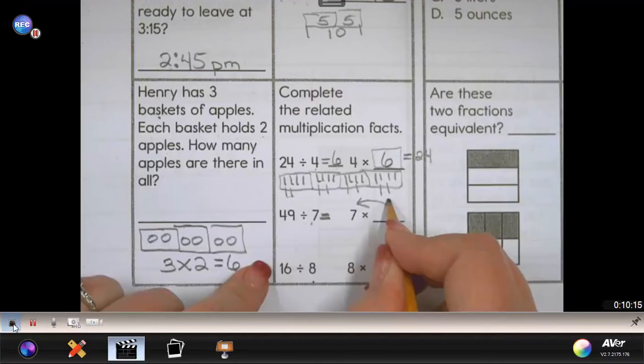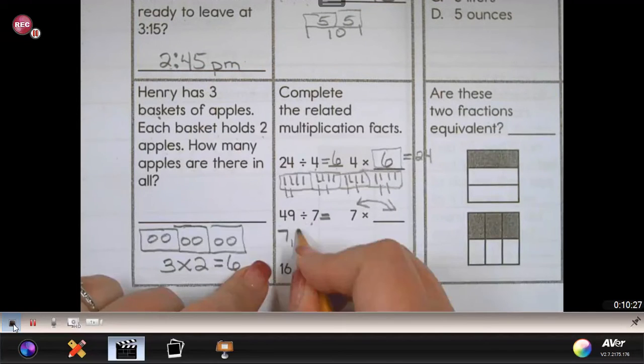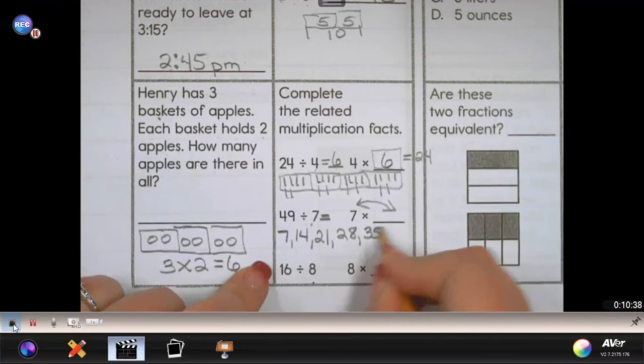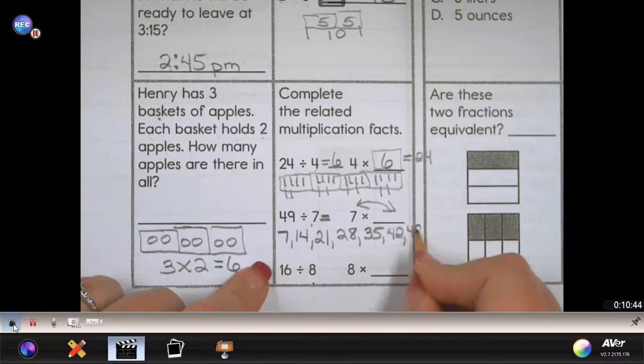So let's take a look at 7 plus 7 is 14, and then 21, 28, 35, 42, and finally 49.